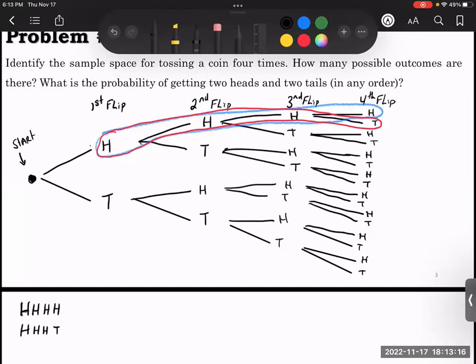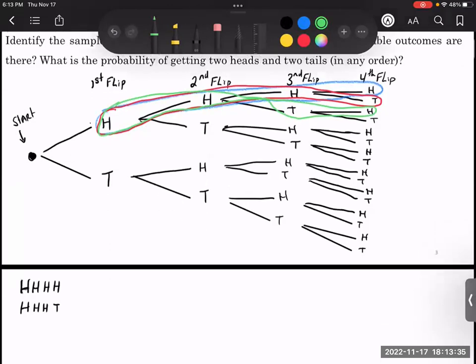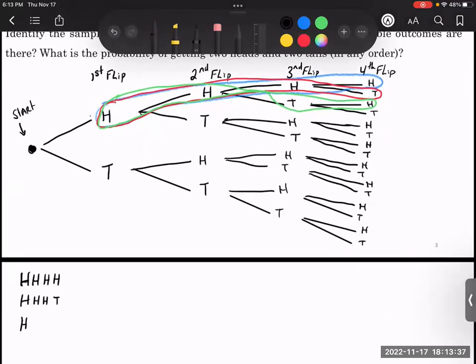Hey, Martha. We're gonna have heads first flip, but now tails the second flip. No, sorry. You keep doing this. Heads the first flip, heads the second flip, but now tails will be the third flip. And then you get heads the last flip, right? So this will be heads, heads, tails, heads.